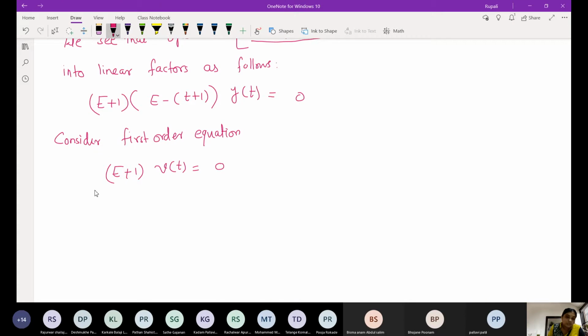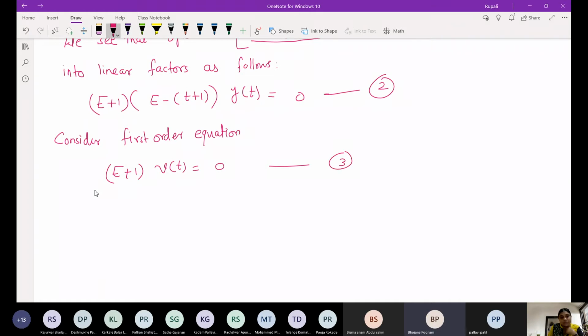So what is the solution? This is a first order equation. E plus 1 operated on v of t means v of t plus 1 plus v of t is equal to 0. This is just a first order linear difference equation. Am I right?